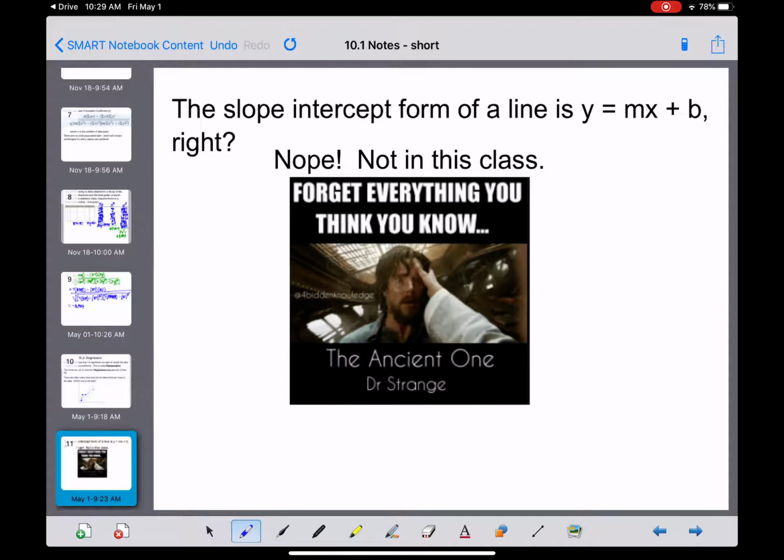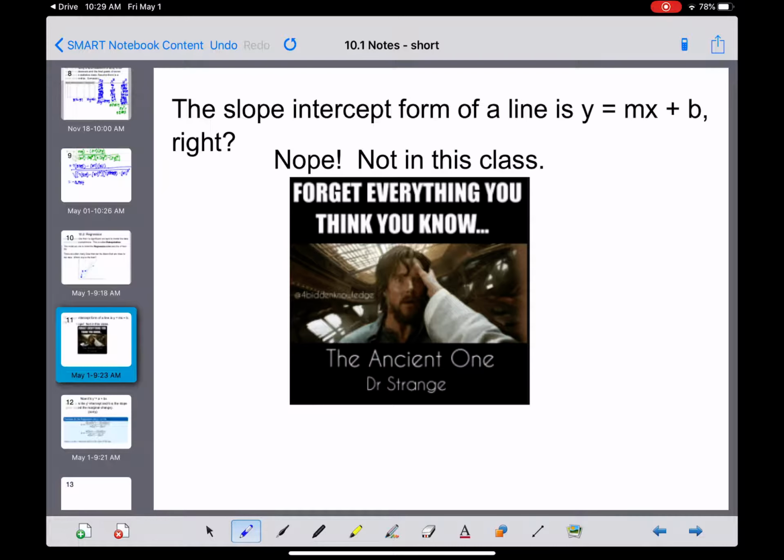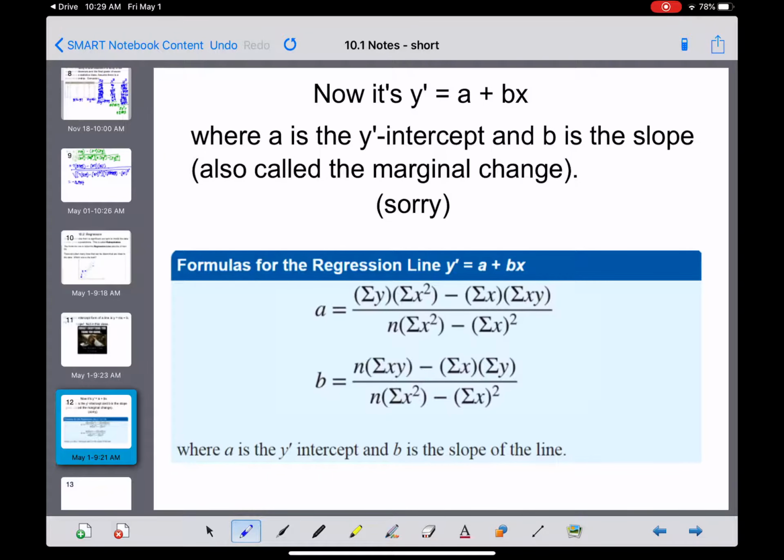The slope-intercept form of a line is y equals mx plus b, but not for this class. We use y prime equals a plus bx. So a is the y prime intercept, and b is the slope.